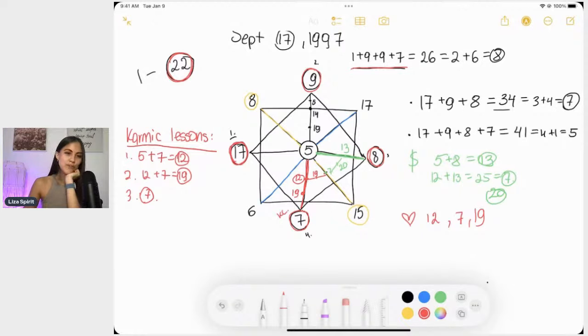So your main task and goal is to try your best to make them positive, because that's where you're going to start having problems and experience some difficulties in all spheres of your life.